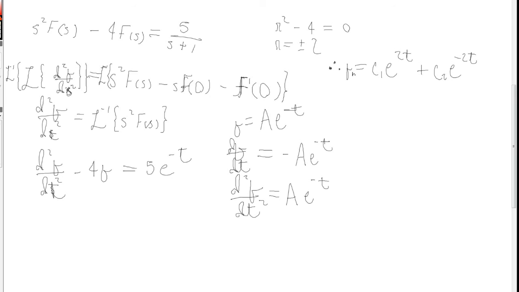Well then the left-hand expression is d t squared minus just f, so we have a e to the negative t minus 4a e to the negative t, which is equal to negative 3a e to the negative t, right?